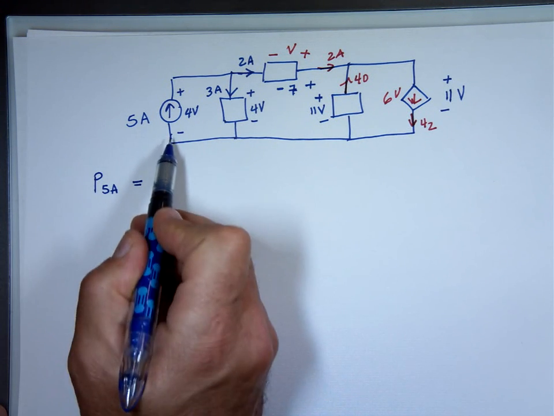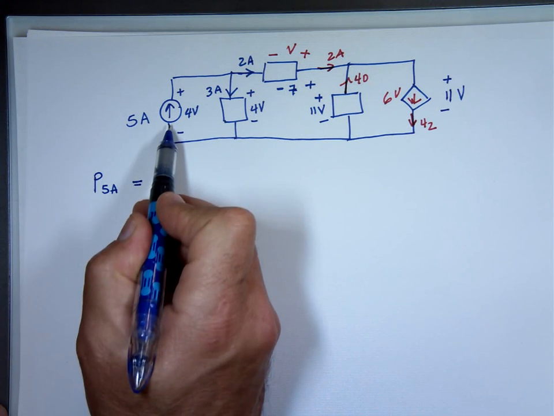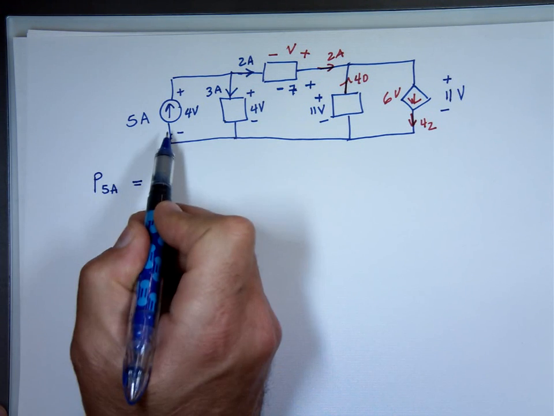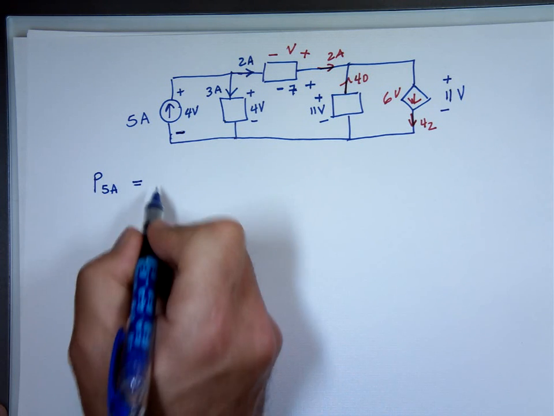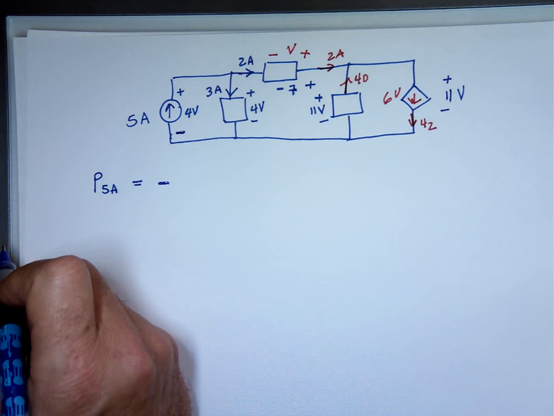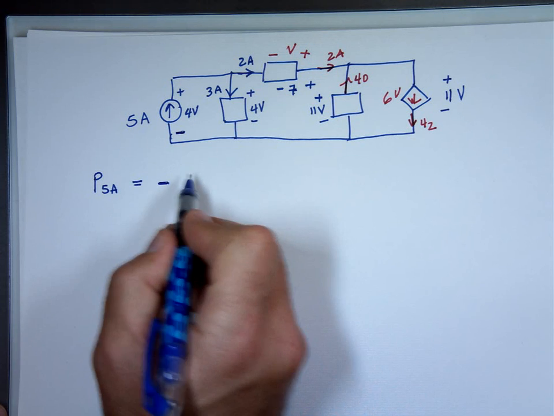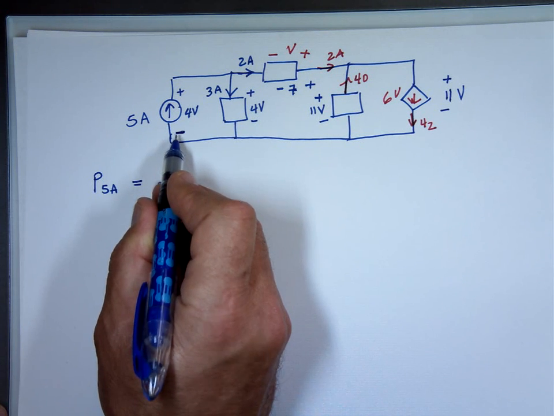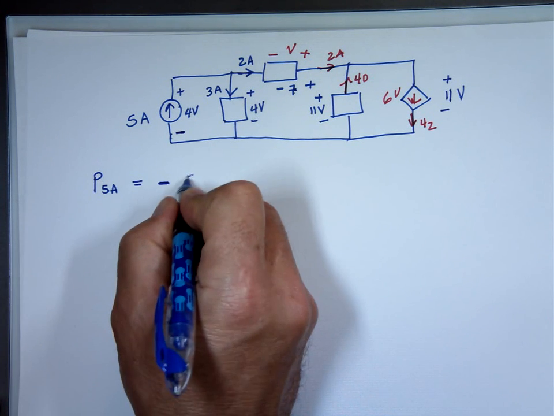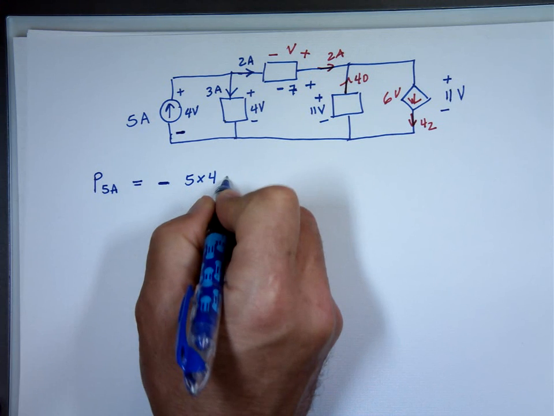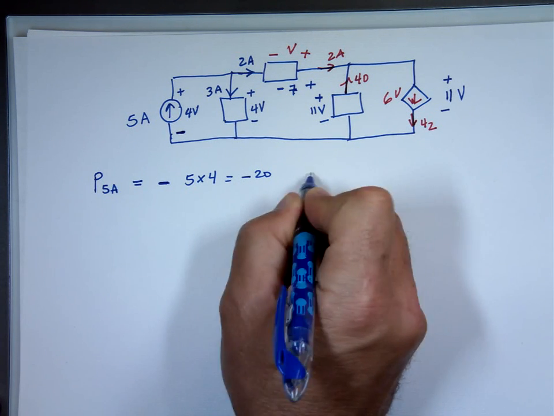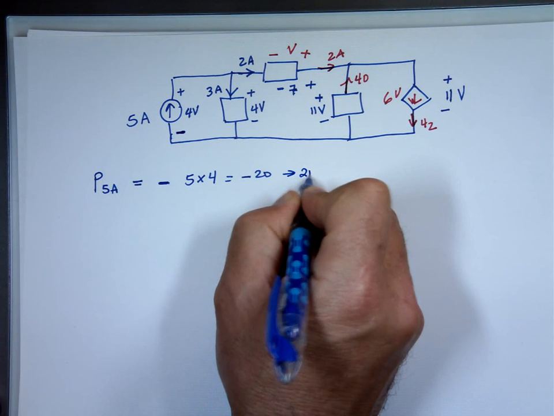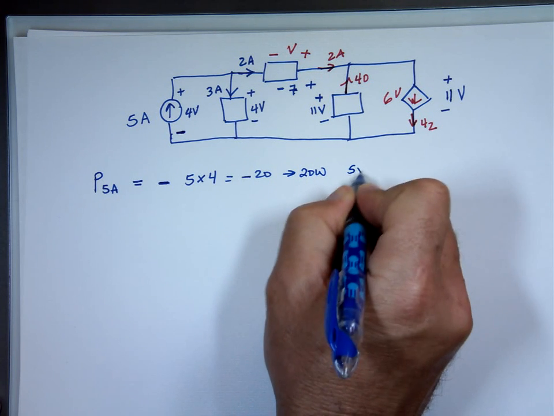It's entering the minus. So that's a negative power. When the positive current enters the negative terminal, that's a negative power. 5 times 4 is negative 20. Negative means supplied, so that's 20 watts supplied.